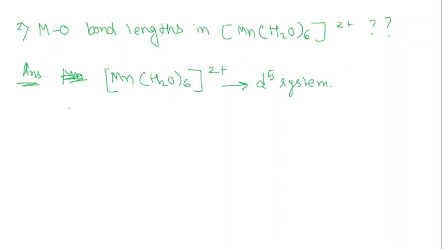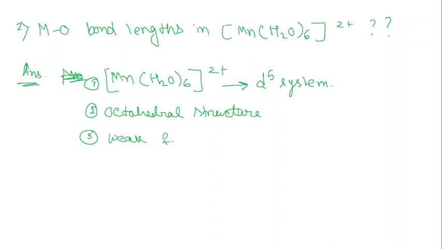It is in an octahedral field, because you can see 6 water molecules are coordinated, and water is a weak field ligand. So this complex will be a high spin complex.